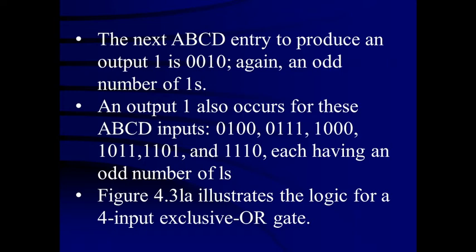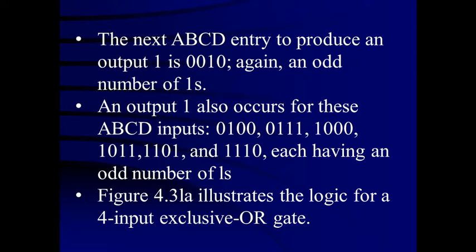And output 1 also occur for those ABCD inputs 0100, 0111, 1000, 1011, 1101 and 1110, each having odd number of ones and hence the output of the exclusive OR gate is going to be high.